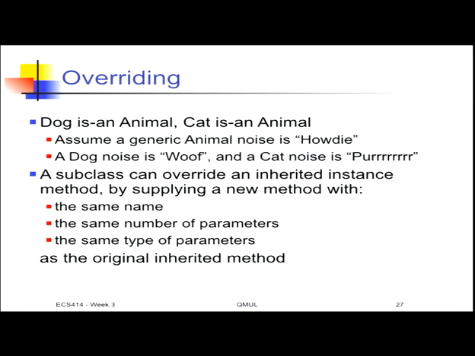Overriding is a relation between methods in different classes, in the superclass and in the subclass. And is the fact that a method inherited by the subclass can be modified, even if it keeps the same name as in the superclass.